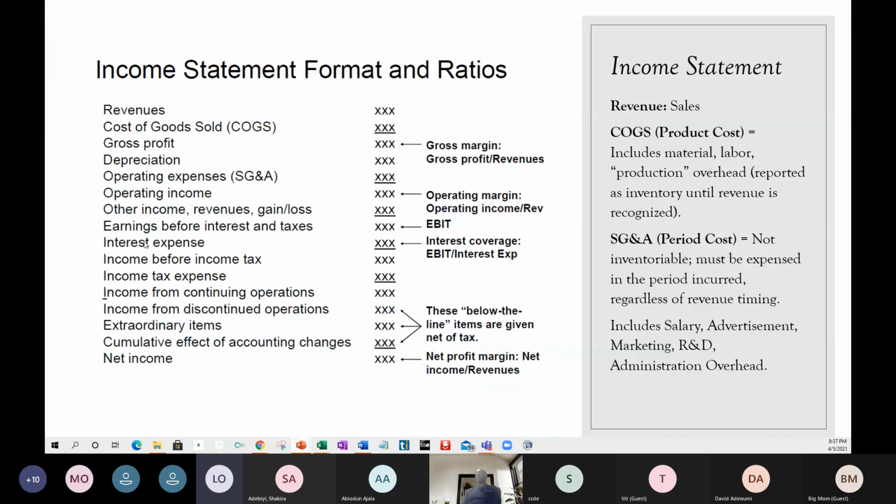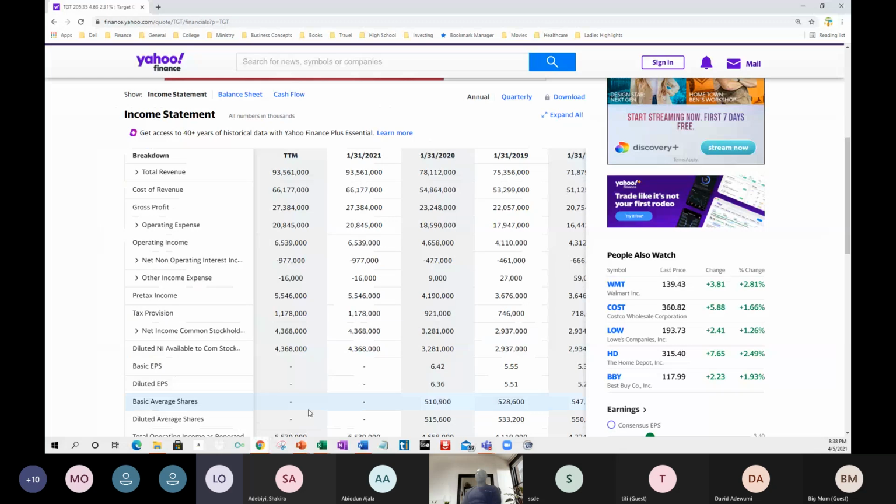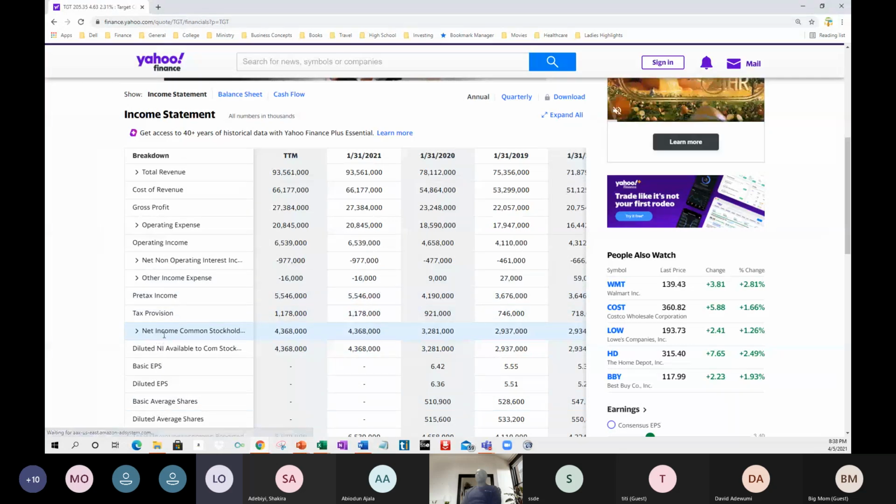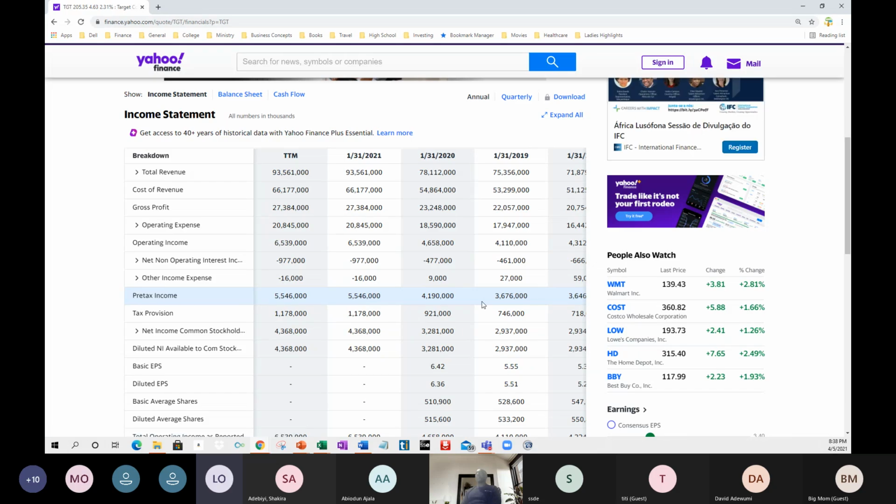That's why here it says other income, revenue, gain or loss. So there might be other costs that you've not recognized from the top that you need to recognize. And then you come to EBIT. EBIT is really what is termed pre-tax income here, earnings before interest and taxes. So pre-tax income is your EBIT in a sense.